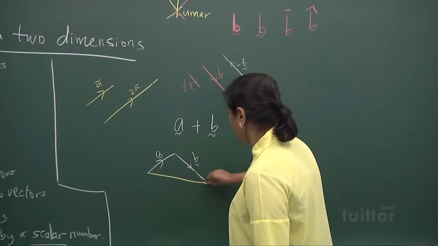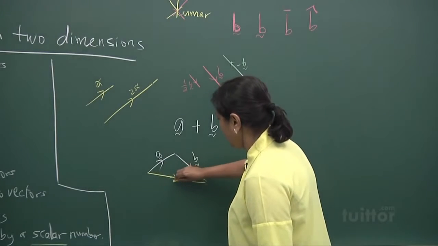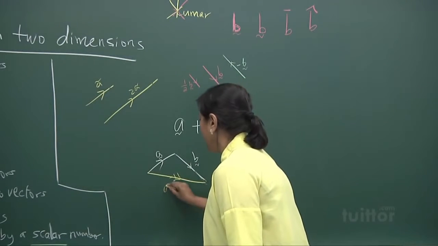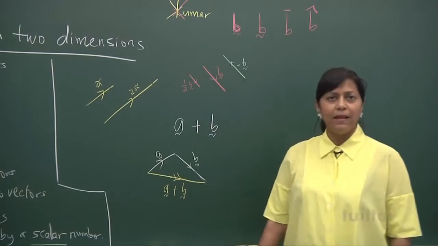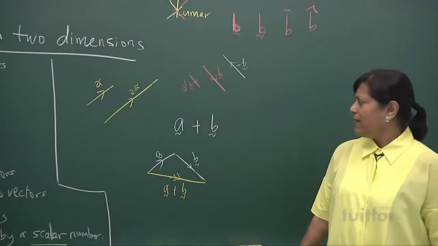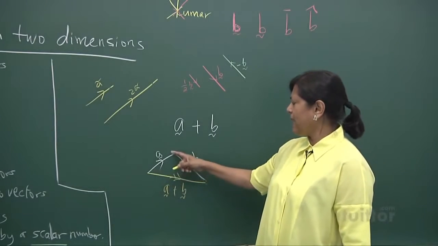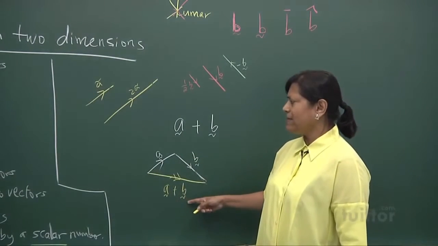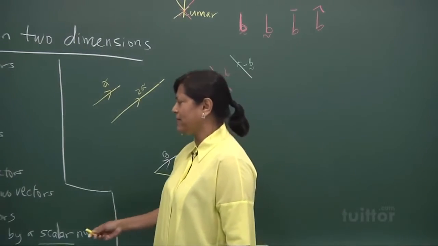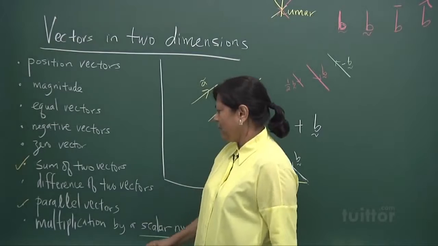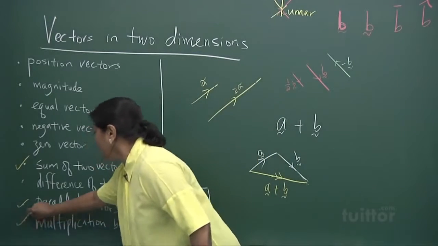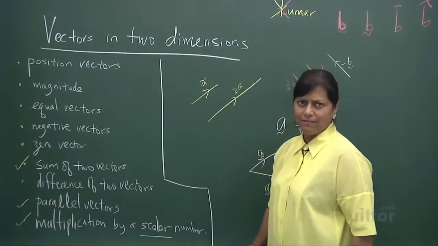You join these two and you say, this is vector A plus vector B. Got it? That's the meaning. So what we've done is vector A plus vector B, a sum of two vectors. Now we're talking about the multiplication of vectors.